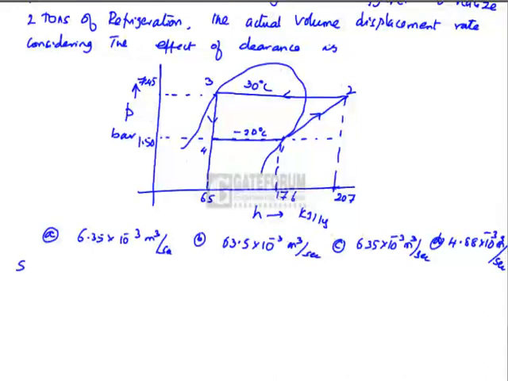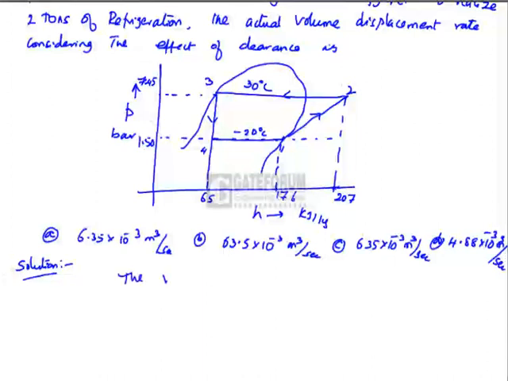The solution to this problem could be given as follows. Because the actual compressor volume displacement rate is to be calculated, first of all, let us obtain the volumetric efficiency of the compressor.